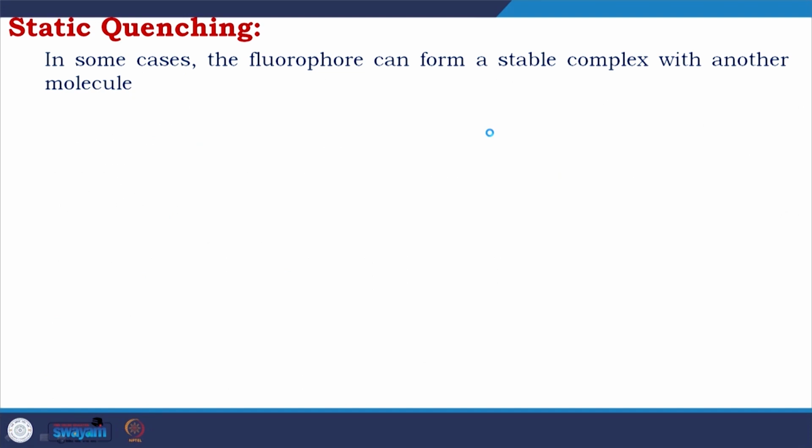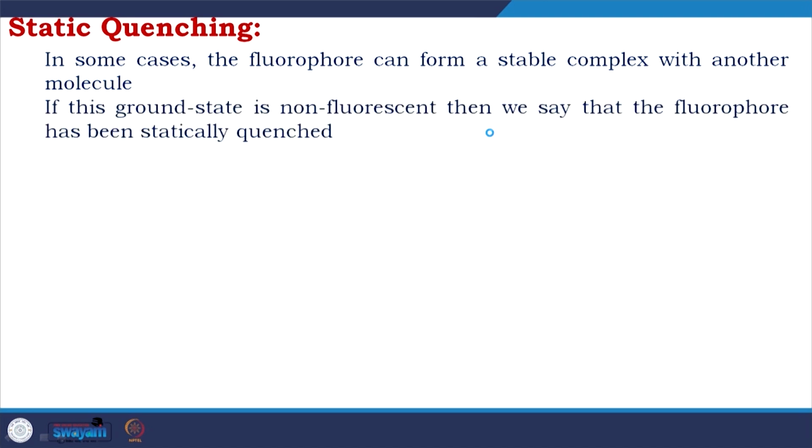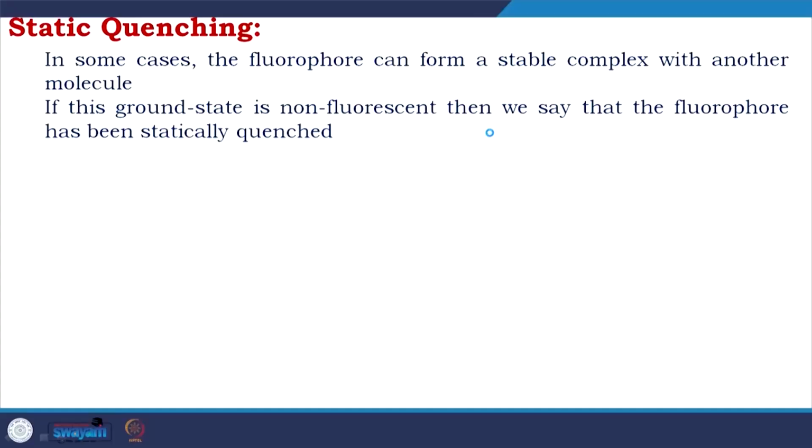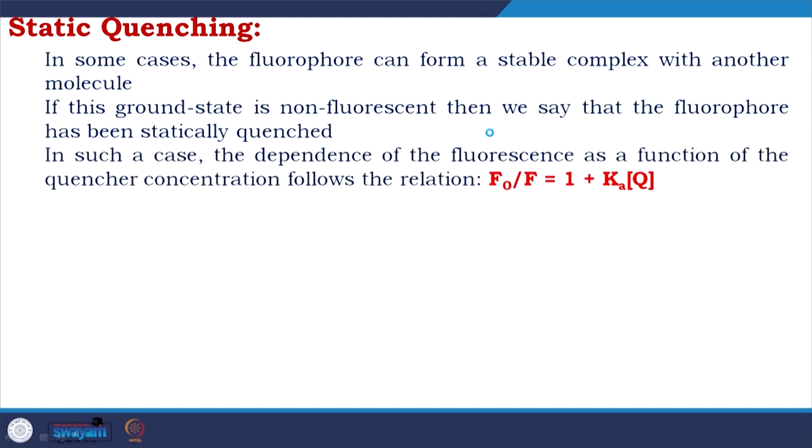Coming to static quenching. In some cases, the fluorophore can form a stable complex with another molecule. So, up to now we were talking about dynamic interaction. Now we are talking about a stable complex, and when they form a stable complex, this is known as static quenching. If this ground state complex is non-fluorescent, then we say that the fluorophore has been statically quenched.